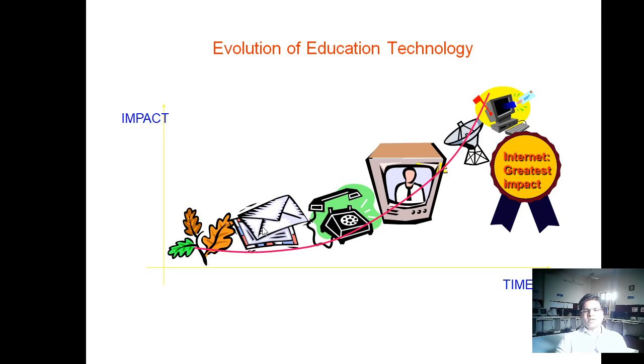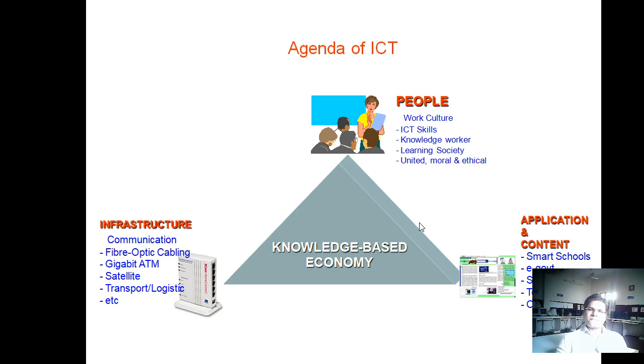After that came letters, then the telephone, then the evolution of television, then satellite, then ICT. And after that, the internet. It is the greatest impact on the lives of people.